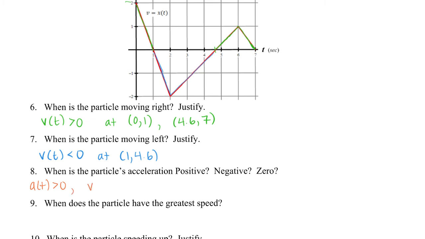So I really want to figure out when v prime of t is greater than 0. And remember, v prime is just slope. So I want the slope of v of t to be greater than 0 for it to be positive. This is all for positive. Here, let me write positive underneath.